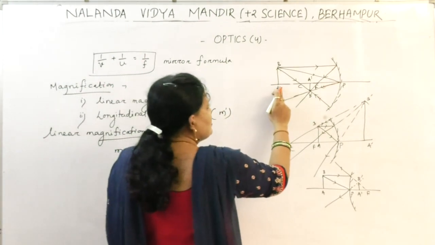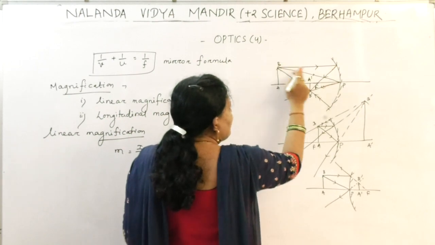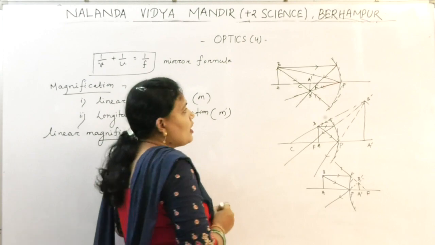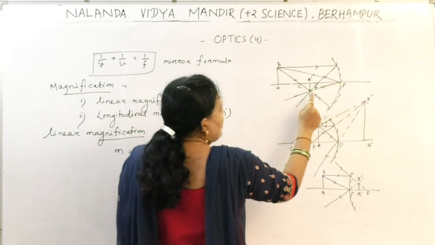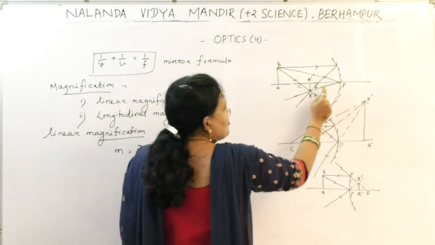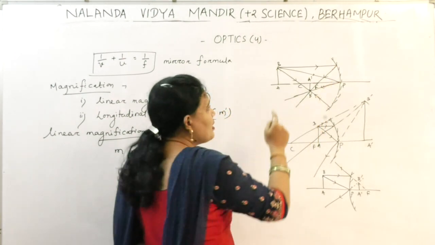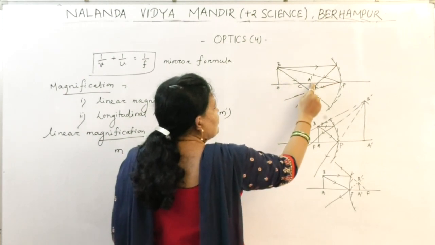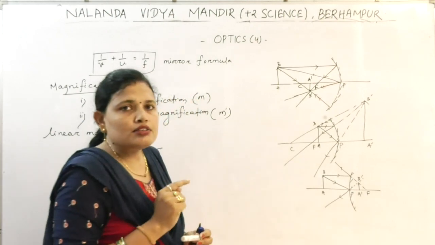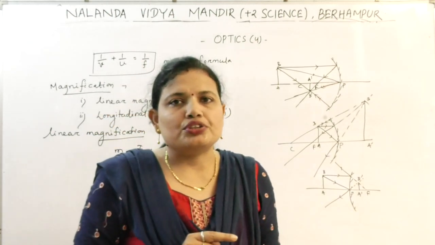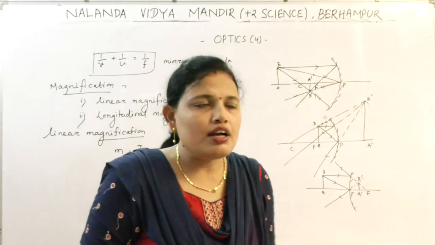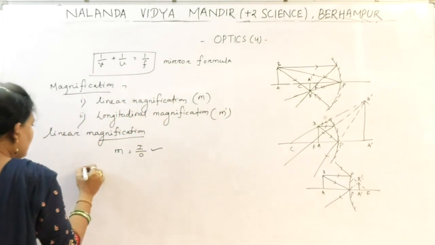Now let us consider these two triangles, ABP triangle and A dash B dash P triangle. In ABP triangle and A dash B dash P triangle, the angle of incidence is equal to angle of reflection. This is your 90 degree. So obviously this angle is equal to this angle. Means the two triangles are similar to each other. If the two triangles are similar, then the corresponding sides are proportional to each other. So what I can write?